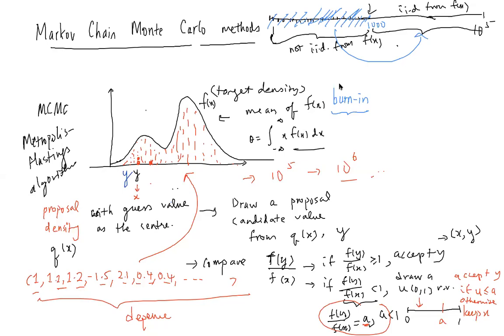Generally, how much to discard is dependent on the particular problem. So this is the general idea about Markov chain Monte Carlo. It's pretty easy to appreciate.